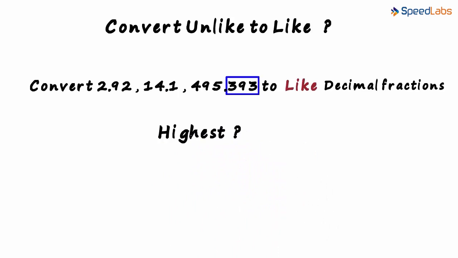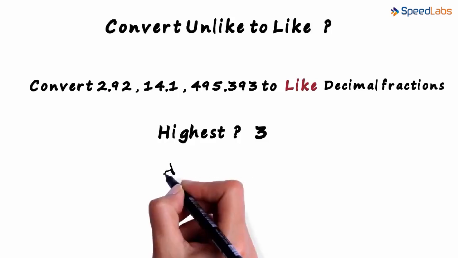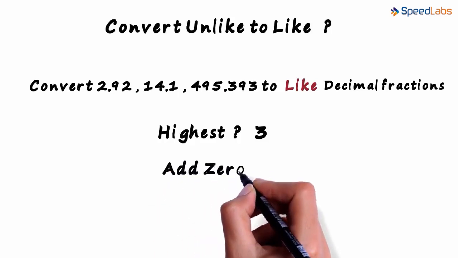It's this one, as it has 3 digits after the decimal point, and the other two have 2 and 1 respectively. Now all we really need to do is make sure that we have 3 digits after the decimal point of each number. And to do that, we just add zeros at the end of the number.